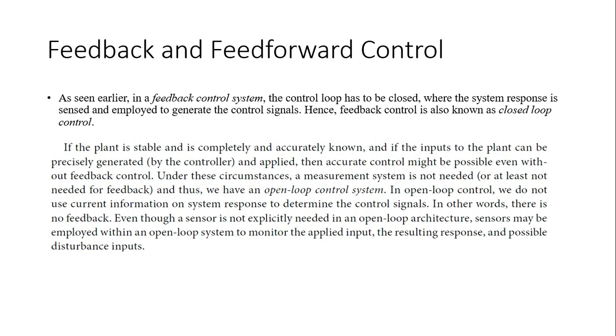In other words, there is no feedback, even though a sensor is not explicitly needed in an open loop architecture. Sensors may be employed within an open loop system to monitor the applied input, the resulting response and possible disturbances. So this is all about the feedback and feed forward control.